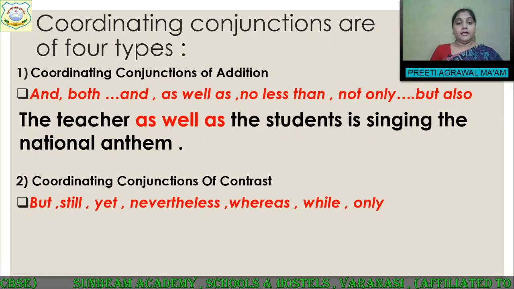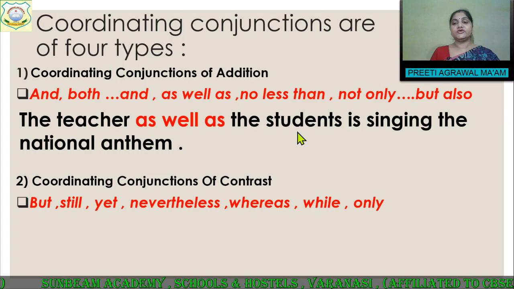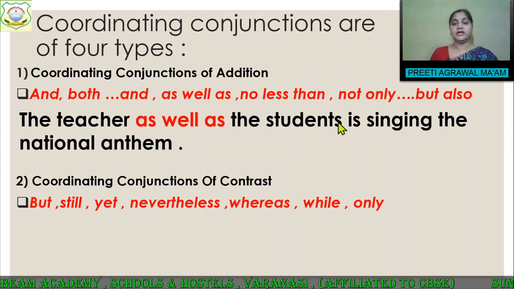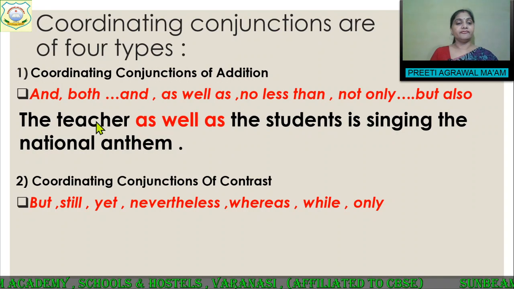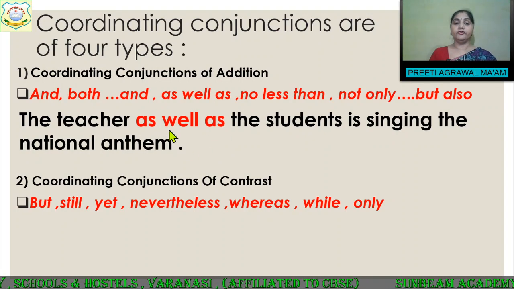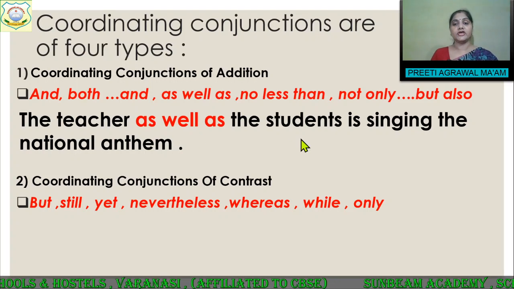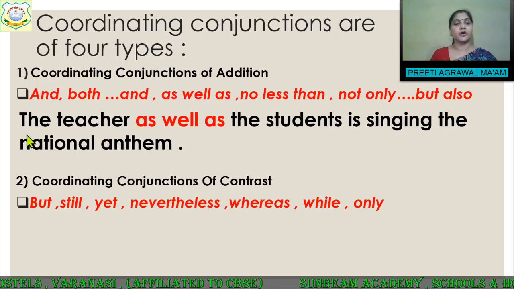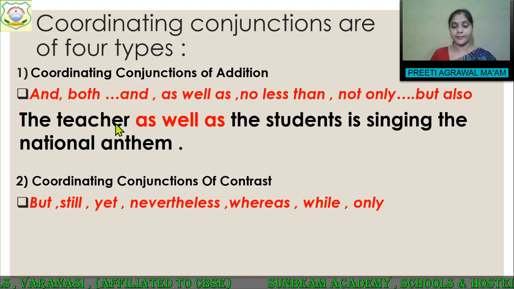Okay. So the teacher as well as the students is singing the national anthem. I have used here your verb according to the first subject. So whenever as well as is written there, you will always use your verb or helping verb according to the first subject. Clear?